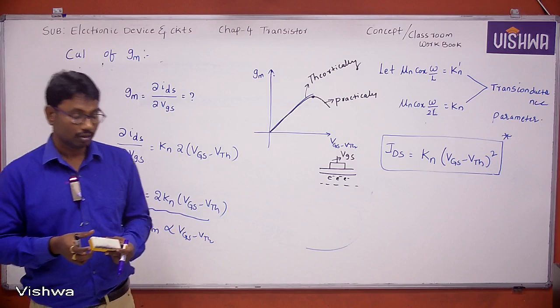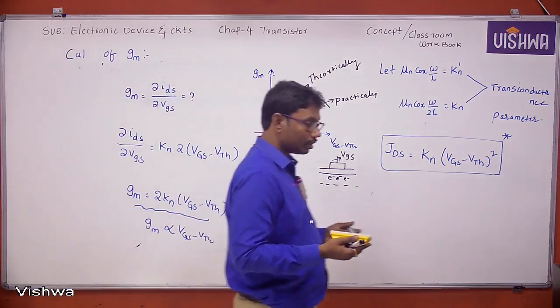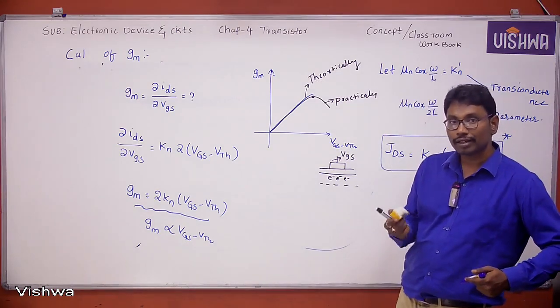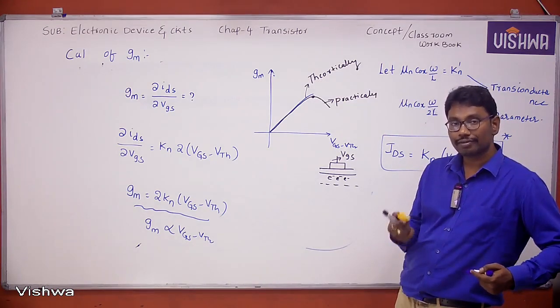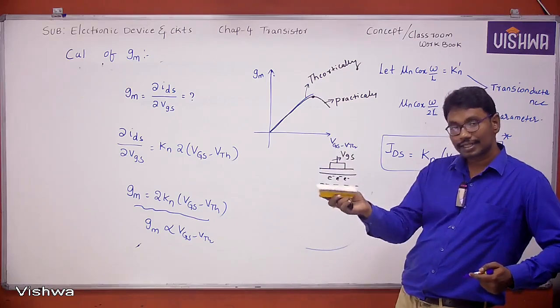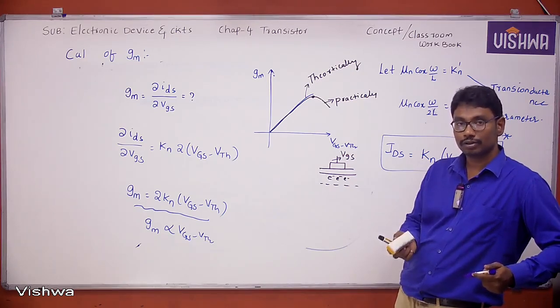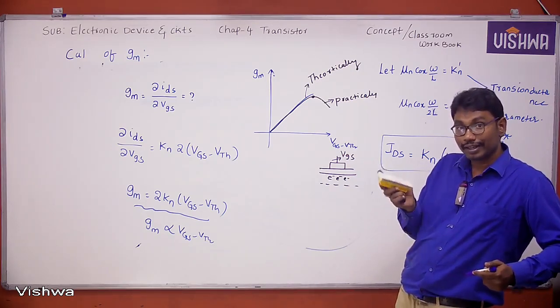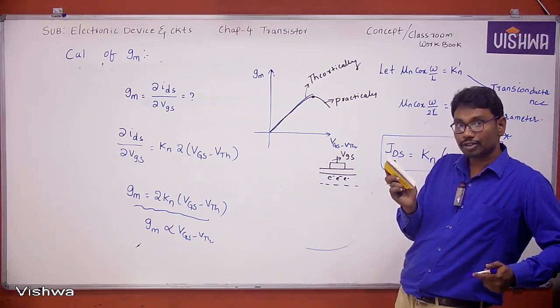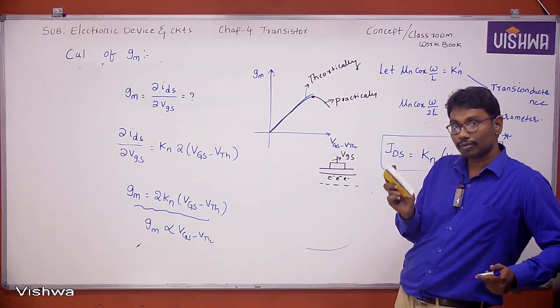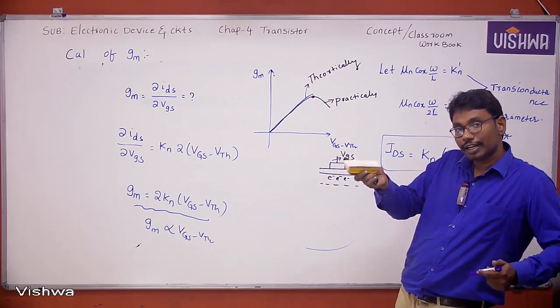Note: practically, after reaching maximum value, the transconductance starts decreasing due to decreasing of mobility of charge carrier, in brackets electrons. Why electrons?